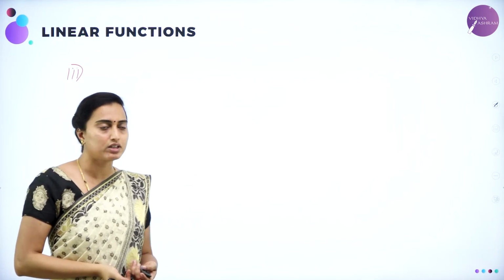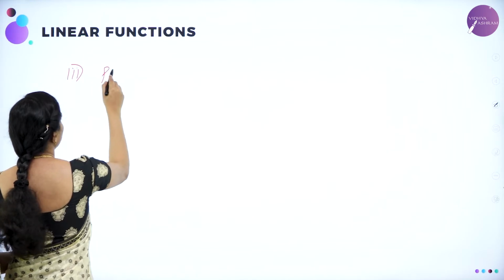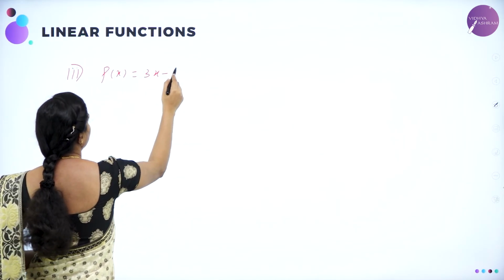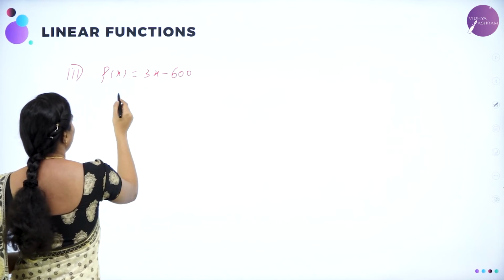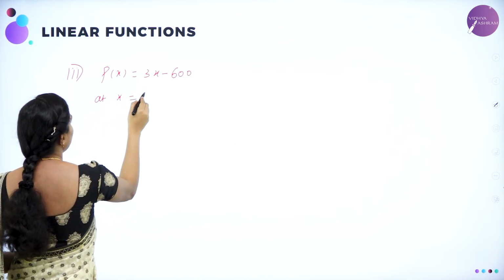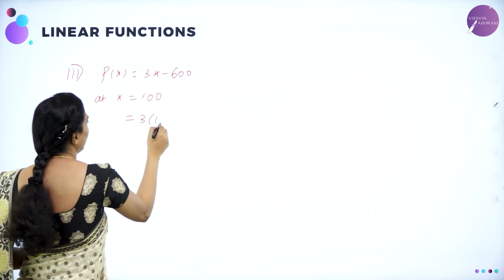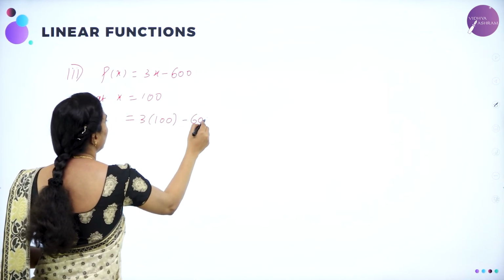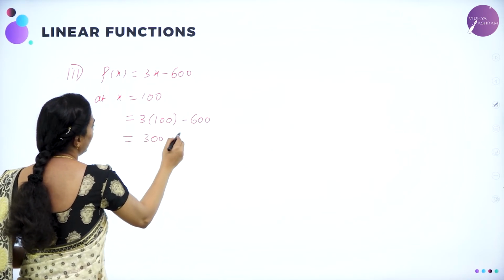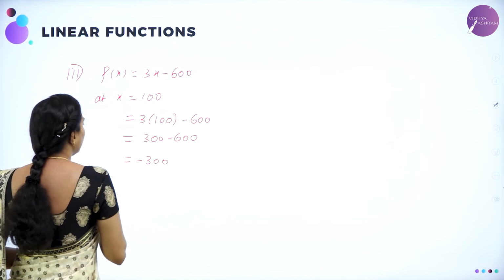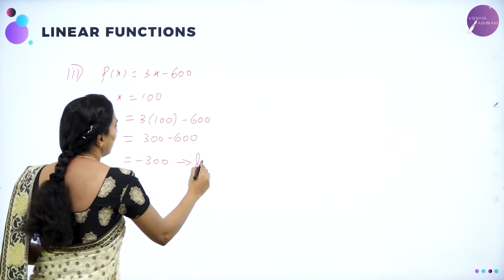That's it, right? So we know the profit function calculated is 3x minus 600. At x equal to 100 tins per day, it will be 3 into 100 minus 600. We get 300 minus 600, which is nothing but minus 300. Minus 300 means it will be a loss.